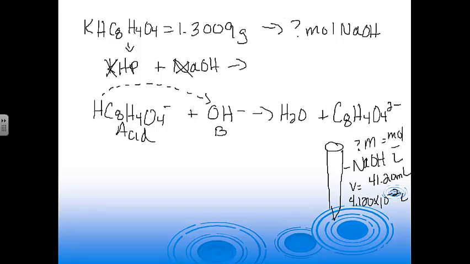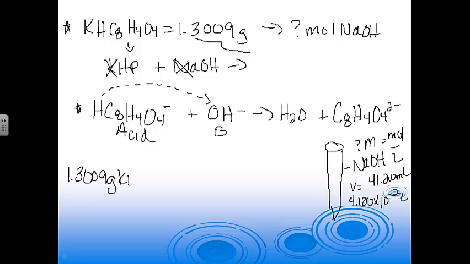We have to again think about our net ionic, but when we start to go with grams, we have to be careful with solutions in aqueous environments. We have to have a working knowledge of both our molecular as well as our net ionic, because when we deal with molar masses, we have to go back to what it would be originally. Regardless, I still just have to go from grams of KHP to moles of sodium hydroxide, and then I can figure out my concentration.